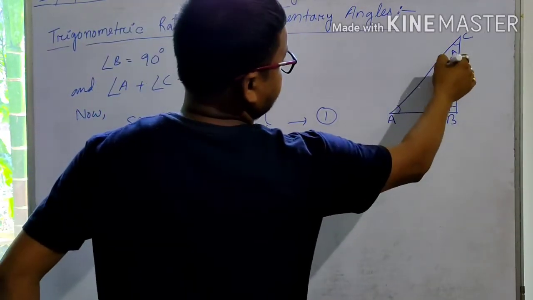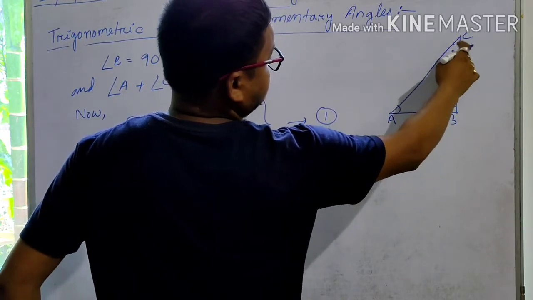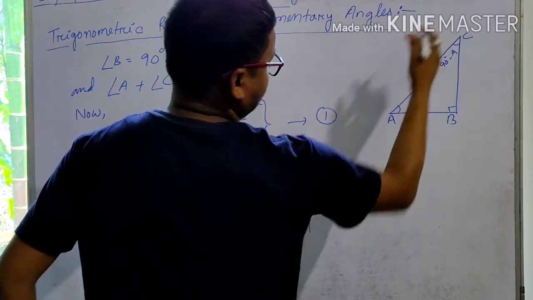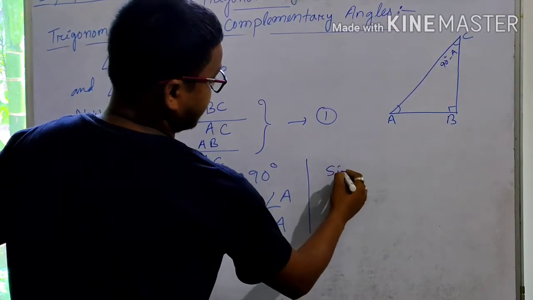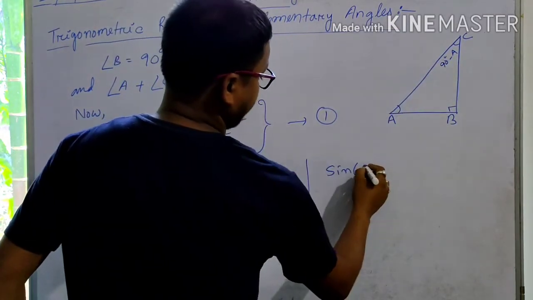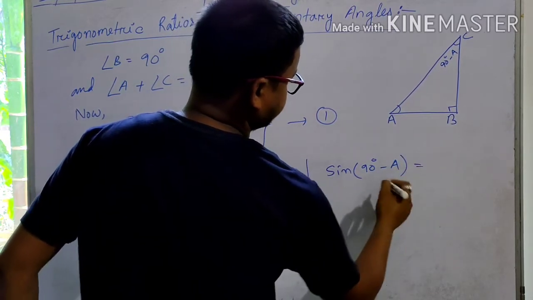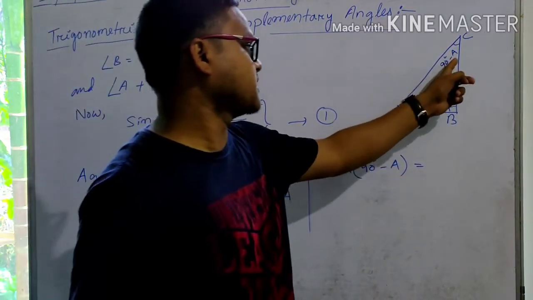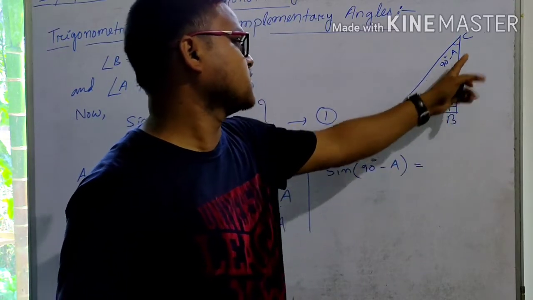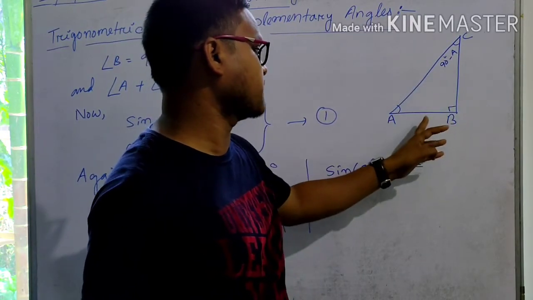Now you take this angle and use it to find the trigonometric ratios. For sine, this angle is 90 degrees minus A. So for sin of 90 degrees minus A, if you take this angle, your base will be this and perpendicular will be this.